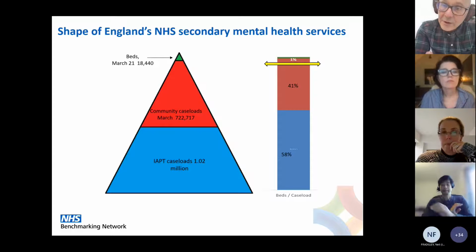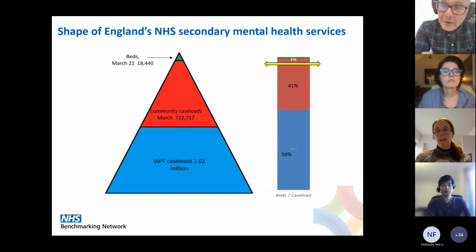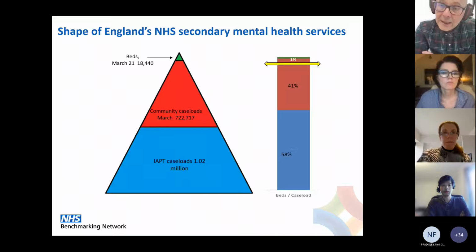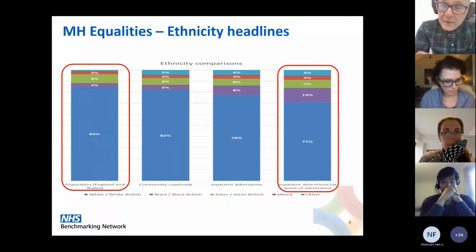I just want to share with you, this isn't a story about the Southeast now, but it's really important to present it to everyone today, which is about the inequalities position. And this came from our main project this year. So it's the national headlines for the NHS about the disadvantage and inequality that minority community, that BAME patients experience in the mental health system.